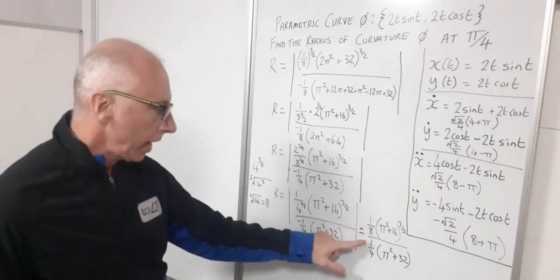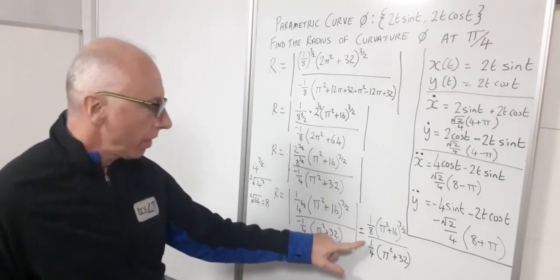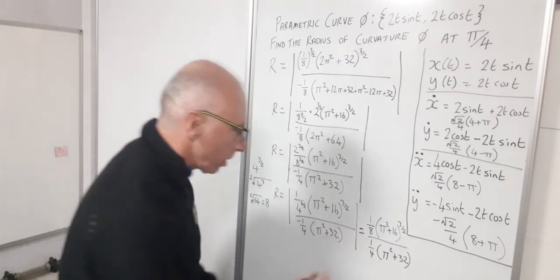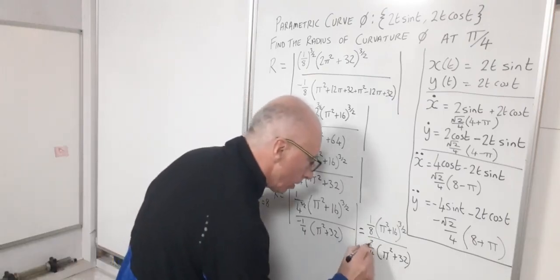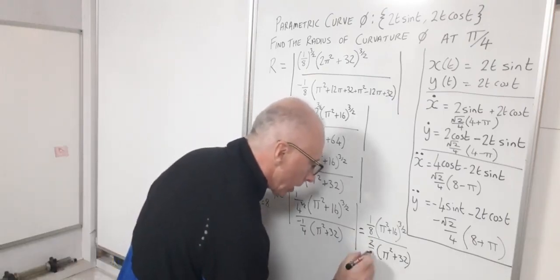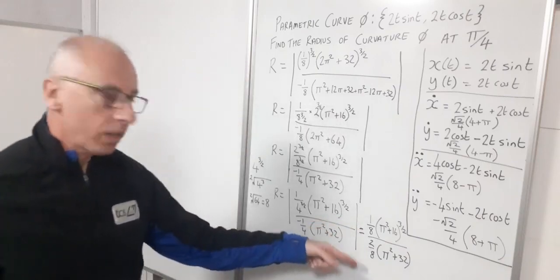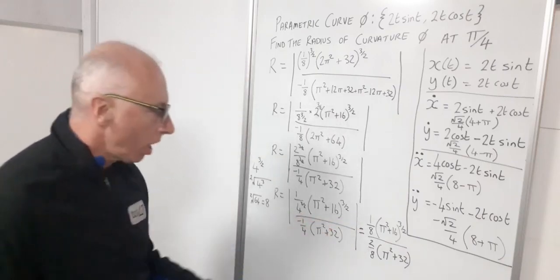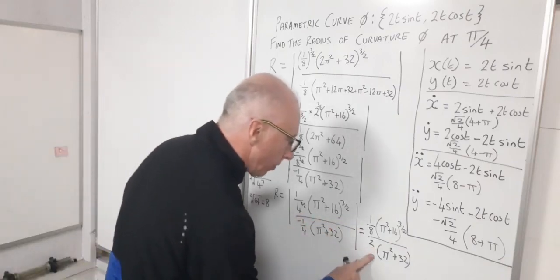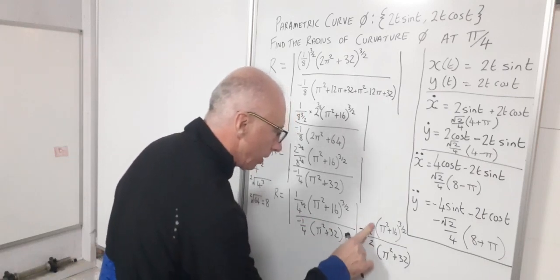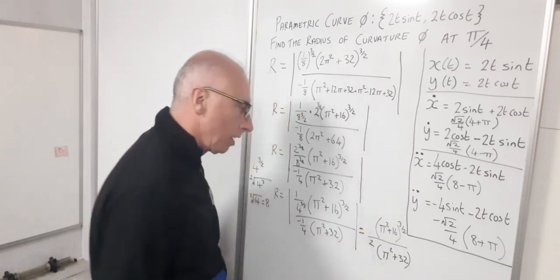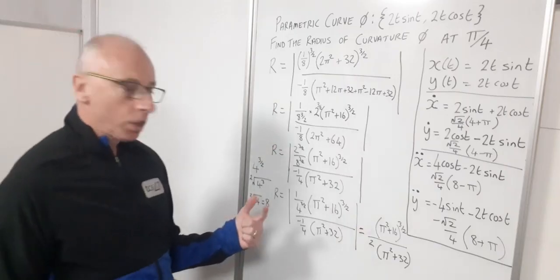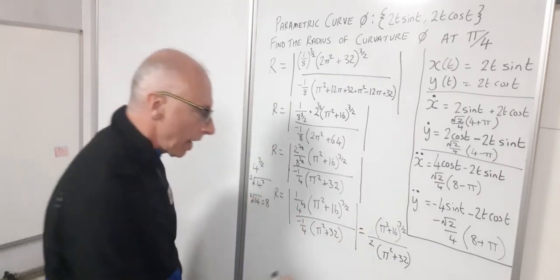I've got 1 over 8 divided by 1 over 4. That could be 2 over 8, so that's 1 over 8 over 2 over 8, which just becomes a half. So now I can get rid of that and get rid of that. Now I'm going to submit that as my answer.